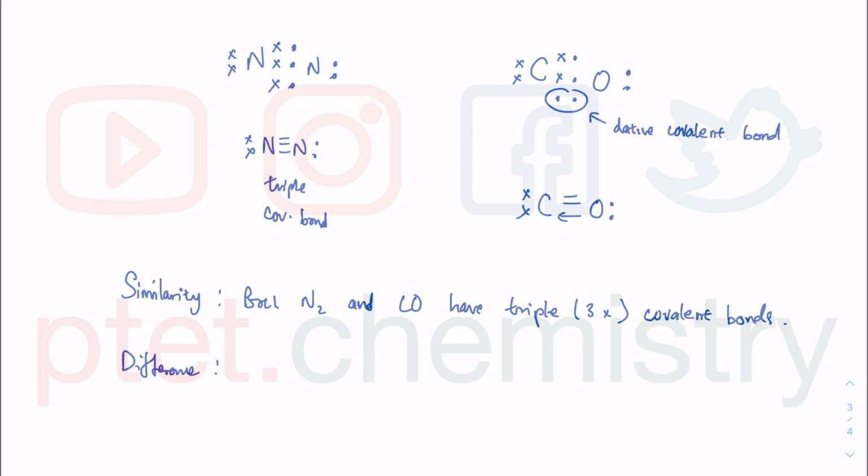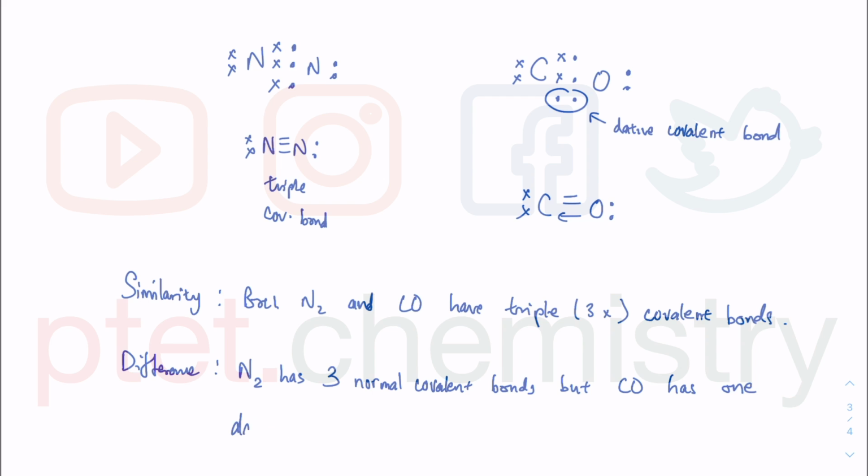how do I say this? These are normal covalent bonds. N2 has 3 normal covalent bonds, meaning 1 electron from each of the atoms, but CO has 1 out of the 3 as a dative covalent bond.